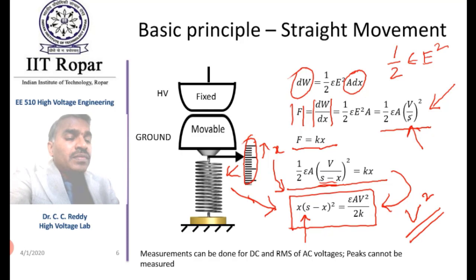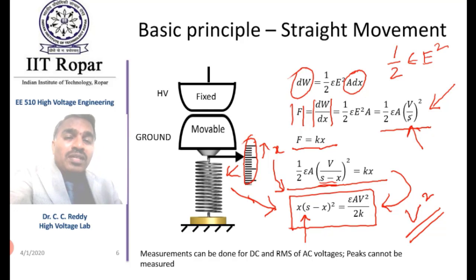So, can we measure the polarity of the wave using this? You cannot, because of V square. Negative voltage or positive voltage, the movement will be the same. And can we measure the peak value? That is also difficult, because the movement of the electrode is kept very small, and it is a mechanical system, and its time constant is relatively slower compared to an electrical system.